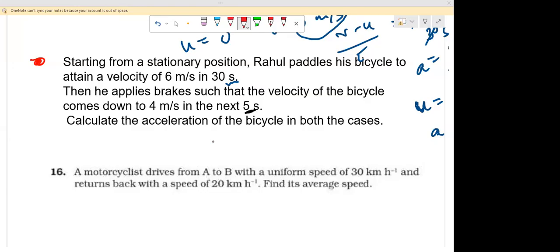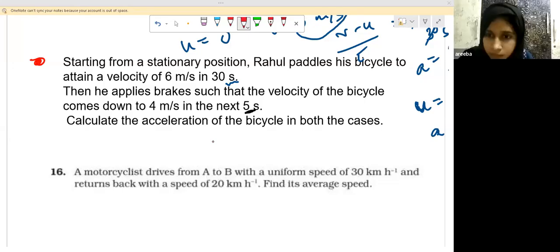Ma'am, I'm not getting it. I just got the fraction, but the decimal is so long. Starting from a stationary position, Rahul paddles his bicycle to attain a velocity of 6 meters. How much did you take as u in the first part, children?